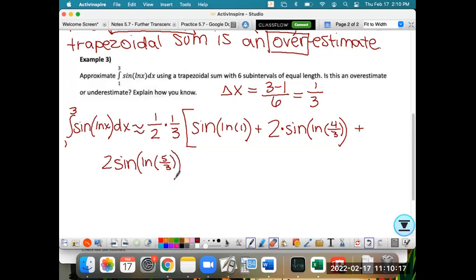You can keep going. Just remember, when you get to that endpoint of 3, you're not multiplying it by 2 because that's not being shared with another trapezoid, and you have to stop at 3. So go ahead and keep doing that. And I think the easier way to do this is maybe just to know what those values are, like what sine of ln of 1 is, and maybe write that instead, so you don't have to type in sine of ln of 1 plus 2 and sine of ln of 4/3.